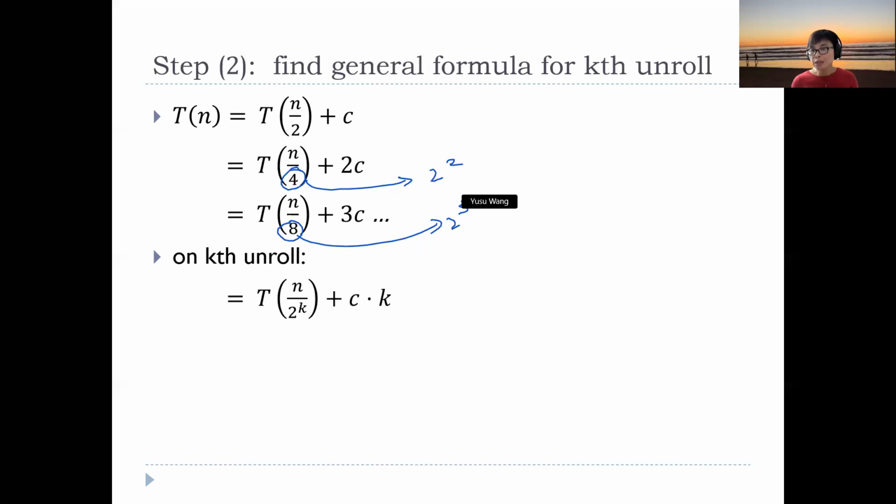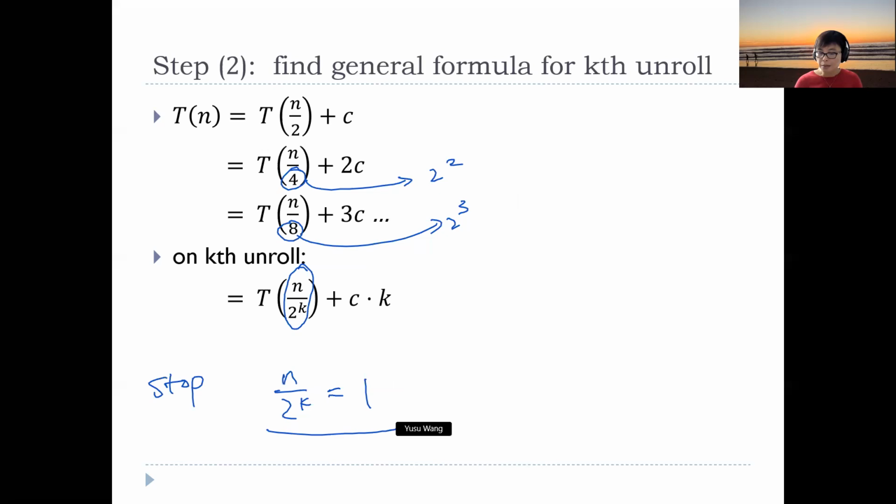When do we stop? We stop when we reach the base case. If this already reaches the base case, then I don't have to do this unrolling anymore. The base case is when the size inside becomes 1, or in general some constant. You can assume that any constant is okay. We stop when this happens, because then this becomes T of 1 and I don't have to unroll anymore.